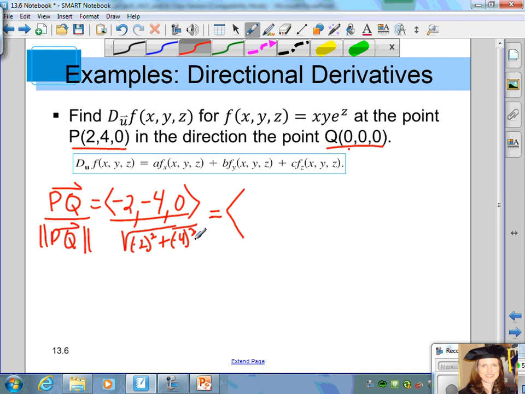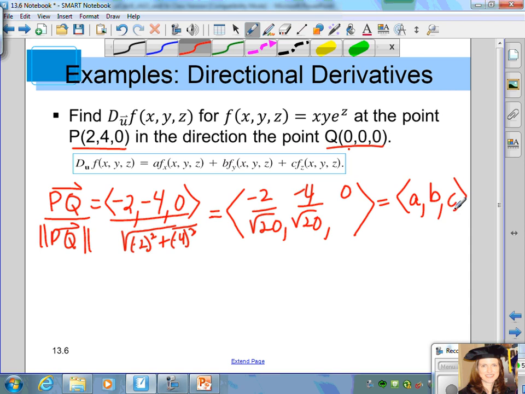And that looks like the square root of 20. So it'd be negative 2 over the square root of 20, negative 4 over the square root of 20, and 0. So those are the components of your unit vector, and we're going to use those for the values of a, b, and c in our directional derivative formula.